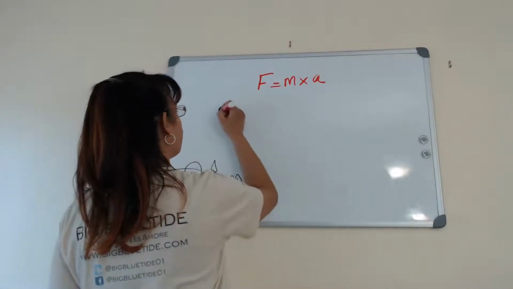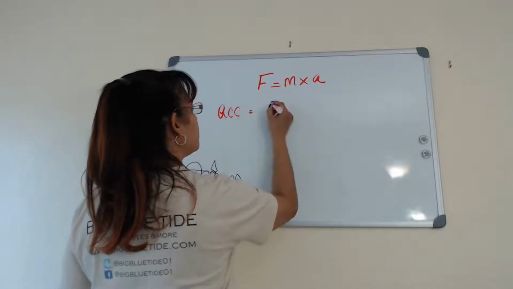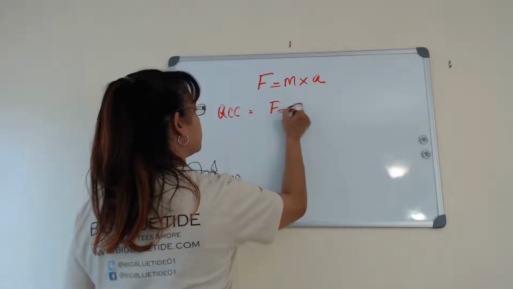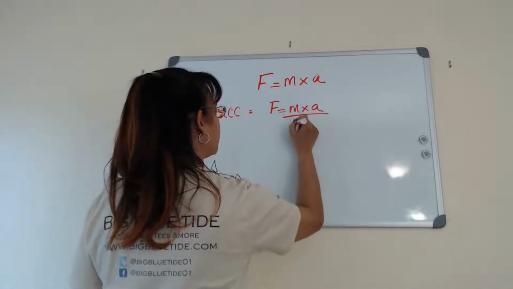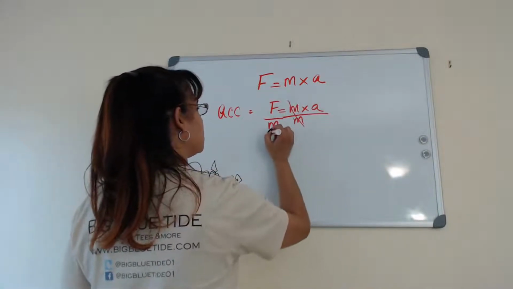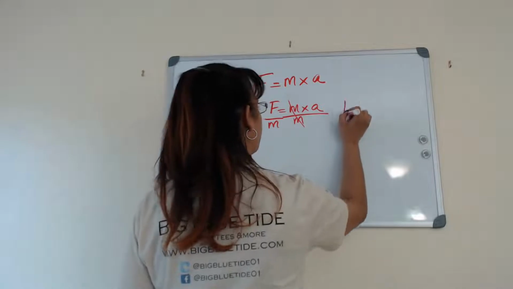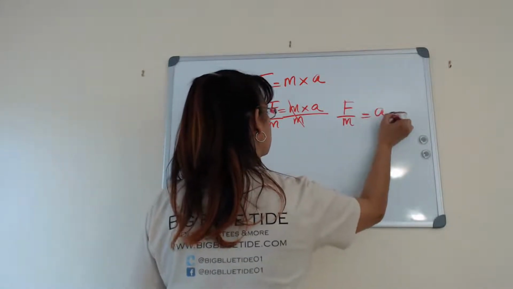If you want to solve for acceleration, let's say, if you have force equals mass times acceleration, you divide both sides by the mass, and you get force divided by mass is equal to acceleration.